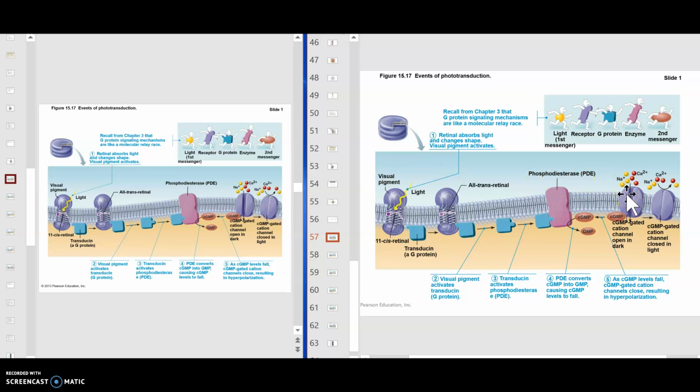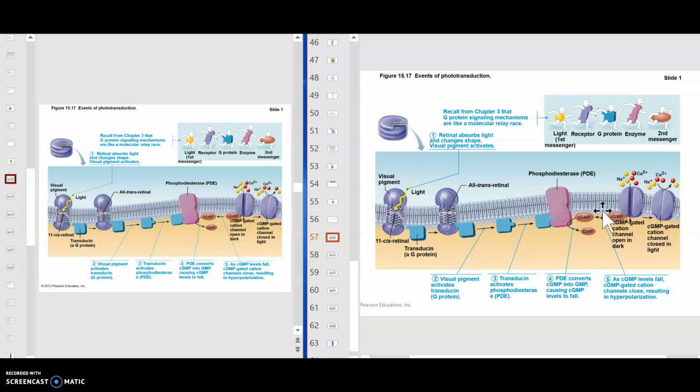These are cation channels that allow sodium and calcium into the membrane of the rod. When they allow this in, that causes a certain polarization on the membrane at a negative 40 millivolts.